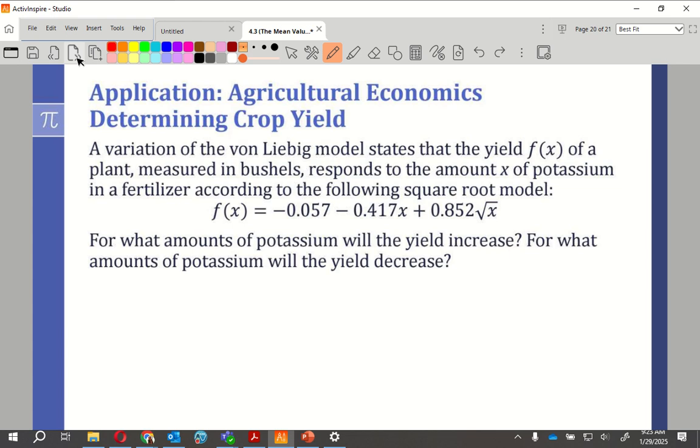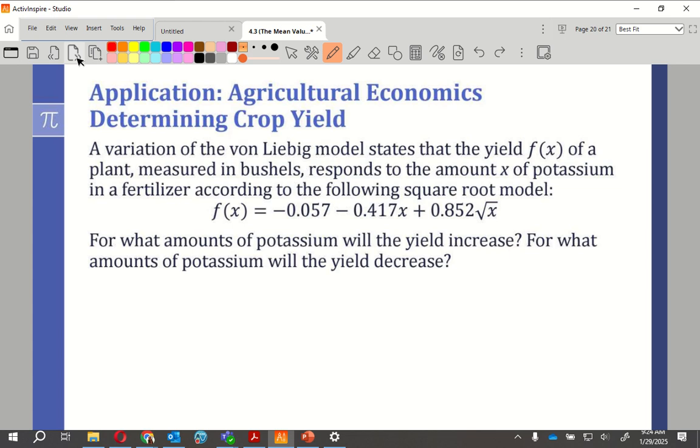What can I not have? I can't have negative numbers, right? I can't have negative numbers. So my domain of this is going to be positive, right? Real positive numbers. So it would be from 0 to infinity.